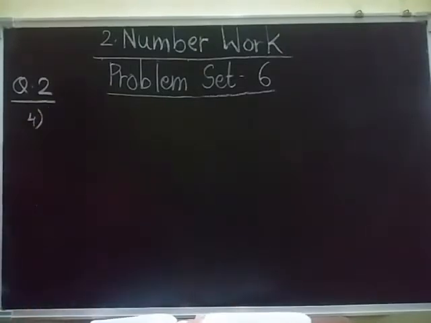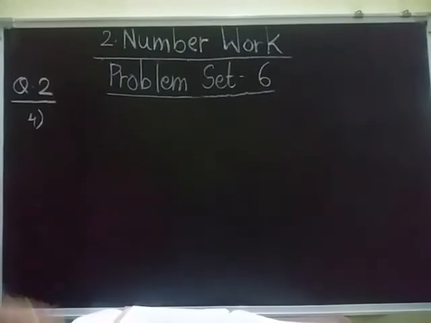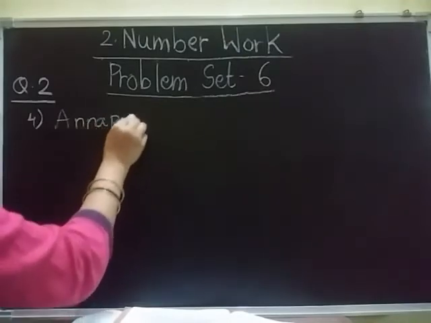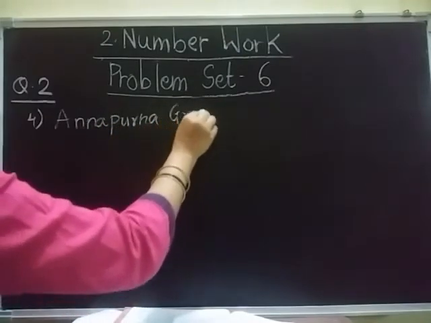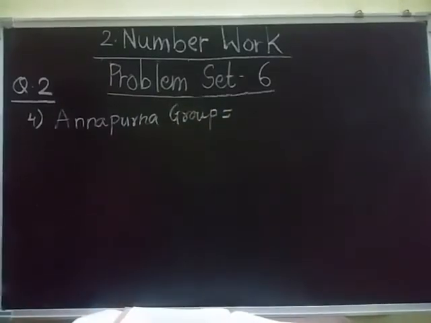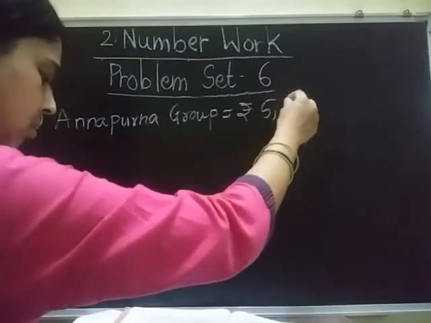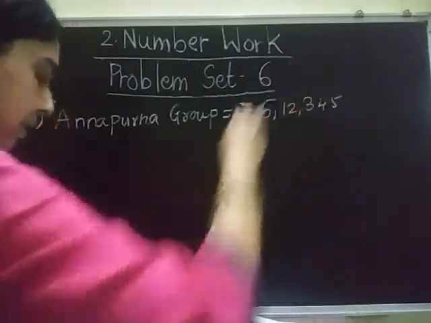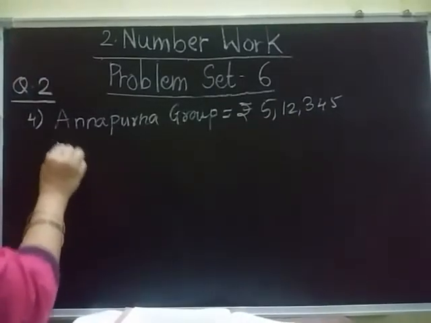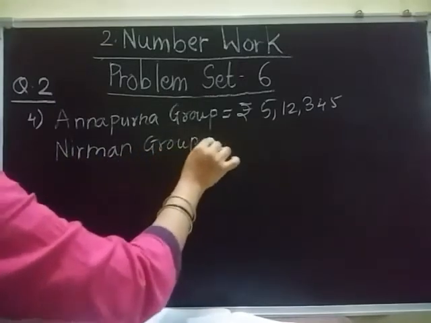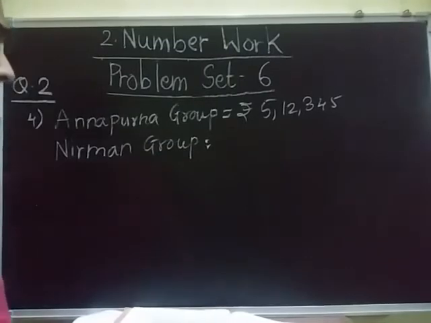Now here, at an exhibition, the Annapurna Saving Group sold goods worth rupees 5,12,000. Okay. So we will just write down the information. Annapurna Group, 5,12,345. Then Nirman Group, 4,12,900.